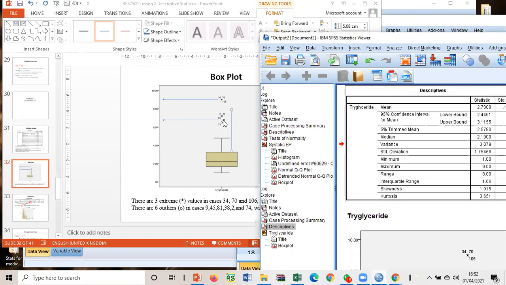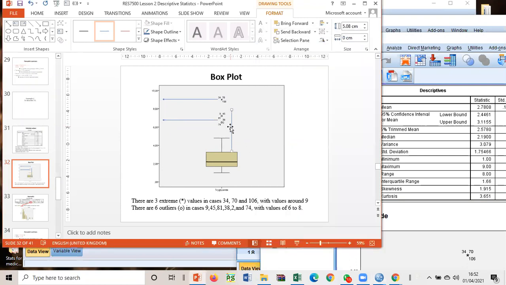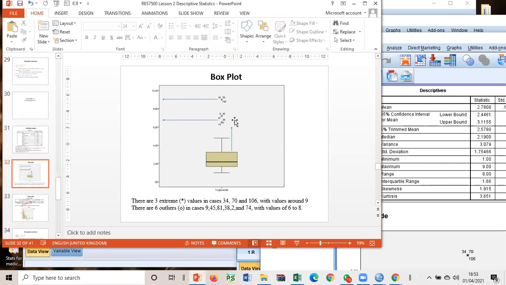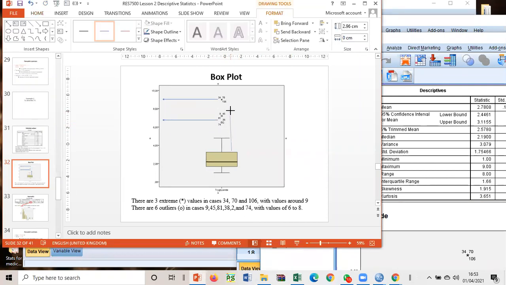So 1.66 times 1.5 is 2.49, maybe 2.5. Here you go up, so these are outliers. Above this are outliers. Go 3 times above this, they are extreme values.